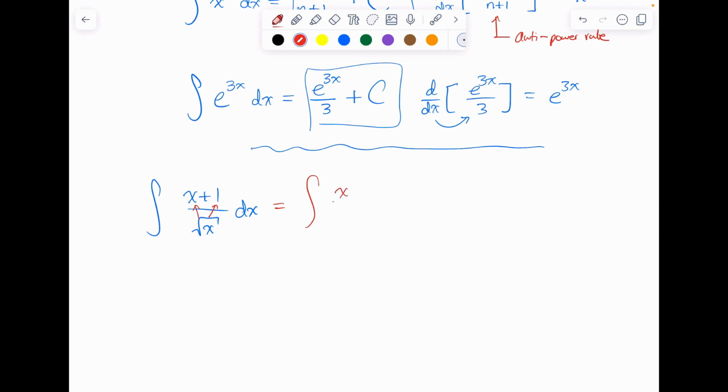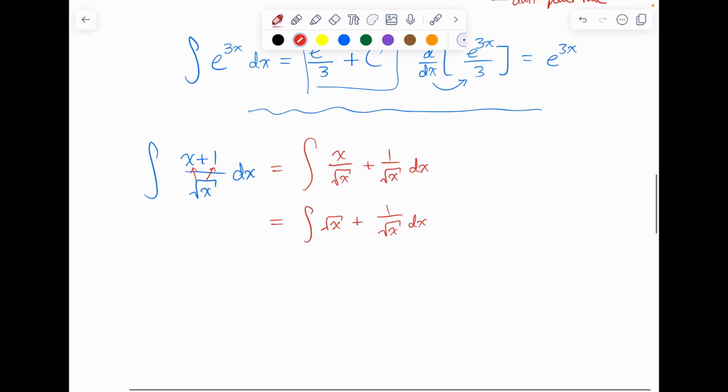So here we have x over the square root of x plus 1 over the square root of x dx. Notice how we can simplify some stuff. We get the square root of x plus, I'll just keep it as 1 over the square root of x for now.